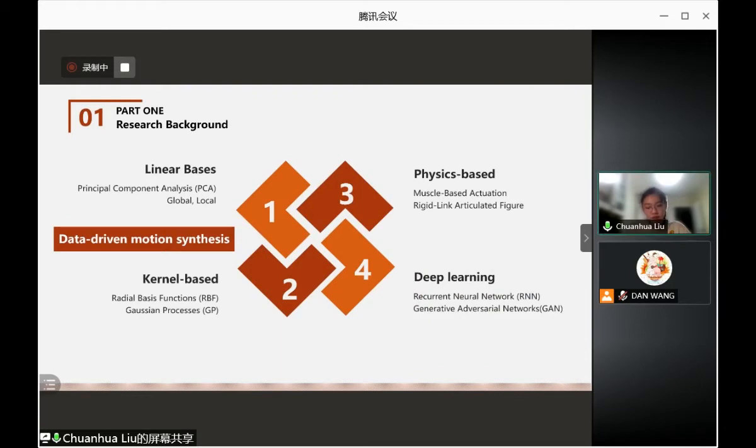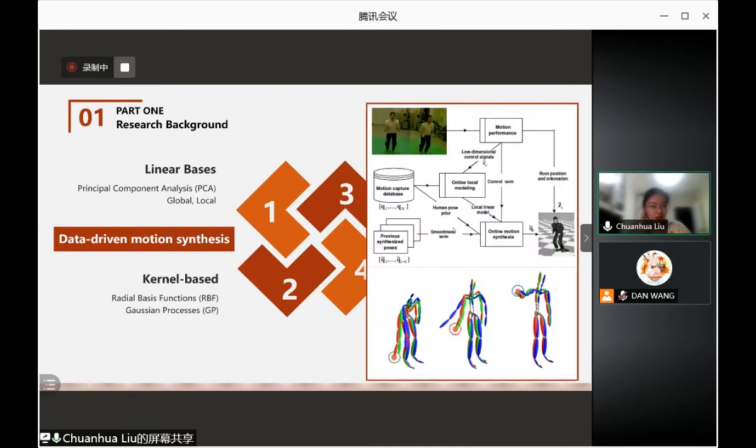There are three mainstream methods for character movement: data-driven motion synthesis, physical-based, and deep learning. Data-driven motion synthesis has two parts: linear-based and kernel-based. The linear-based one is like PCA, and it has the global way and the local way, and the kernel-based has RBF and Gaussian processes.